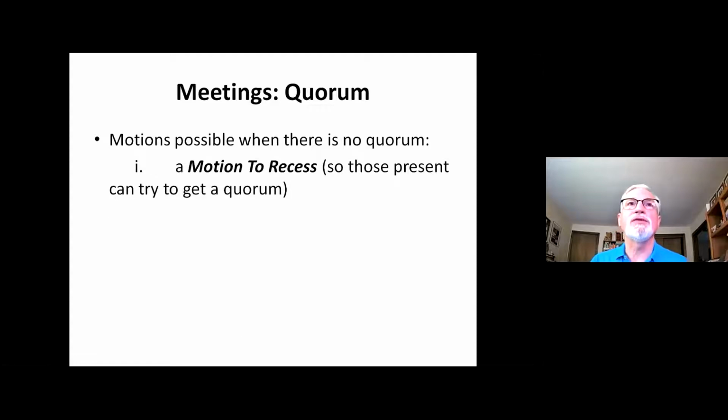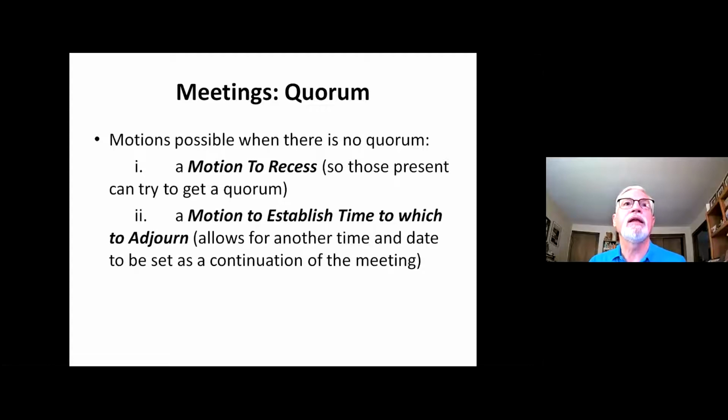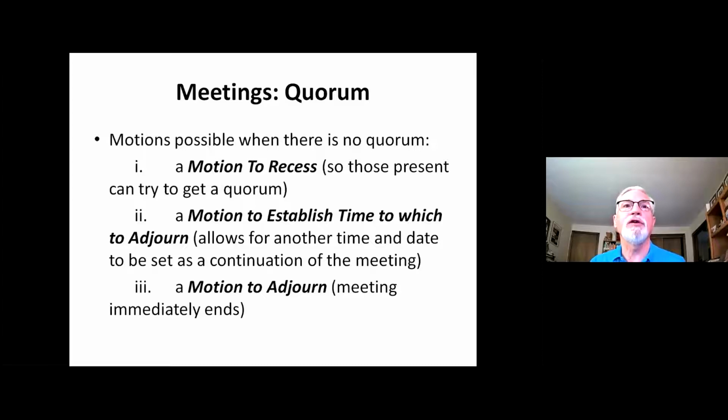One of those motions is a motion to recess so that everybody can go out and try to get additional members at the meeting. You can make a motion to establish the time to which to adjourn, which would be a continuation at another date and time. Or there can be a motion to adjourn and just end the meeting completely and then have the secretary renotice the meeting.